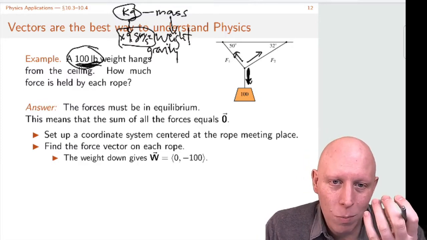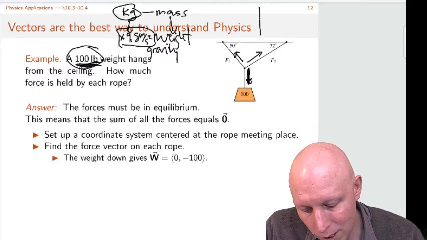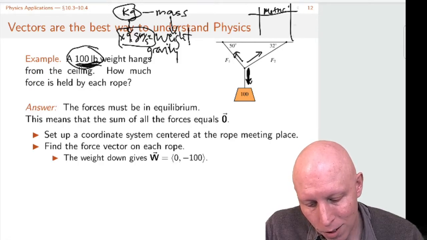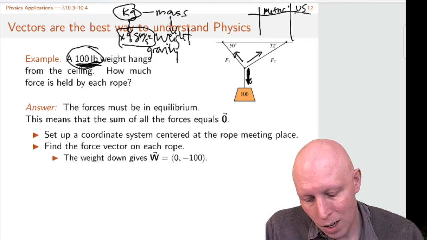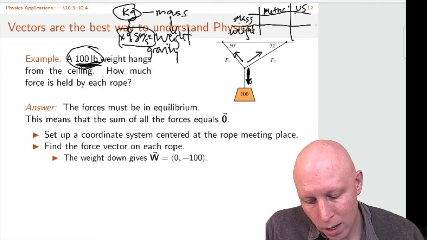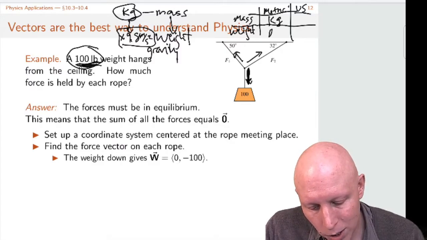So that becomes a weight. In particular, we have metric and US or UK, and we have mass and weight. For metric, we have kilograms, and when you multiply kilograms by meters per second squared, you get newtons.